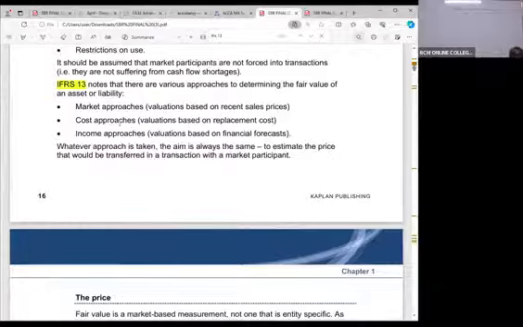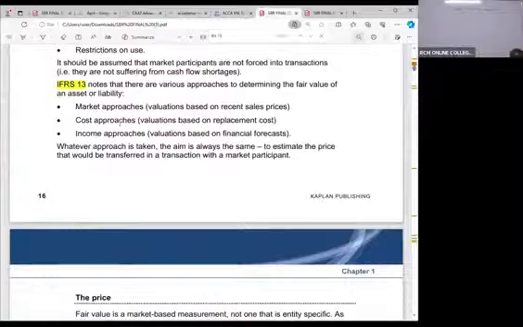Income approaches is what I teach you in advanced financial management, where you project incomes. Once you project incomes, you're able to discount them. If this is an apartment where I'm getting 300,000 every month, so per year it is this much, 30 years down the line, then I discount those cash flows. So we have three approaches to determining the fair value.